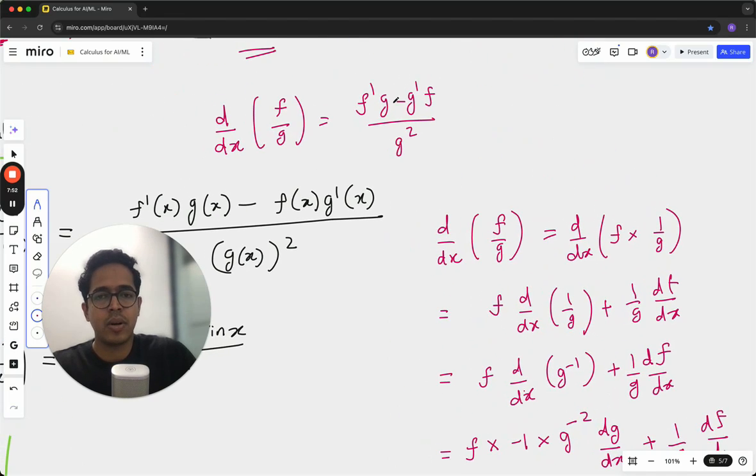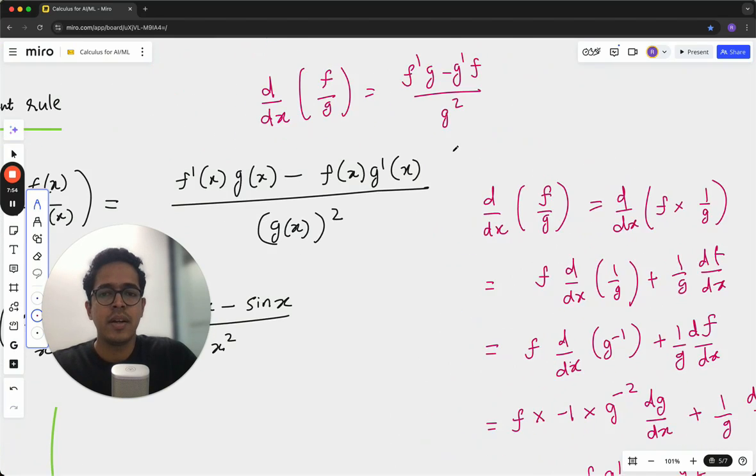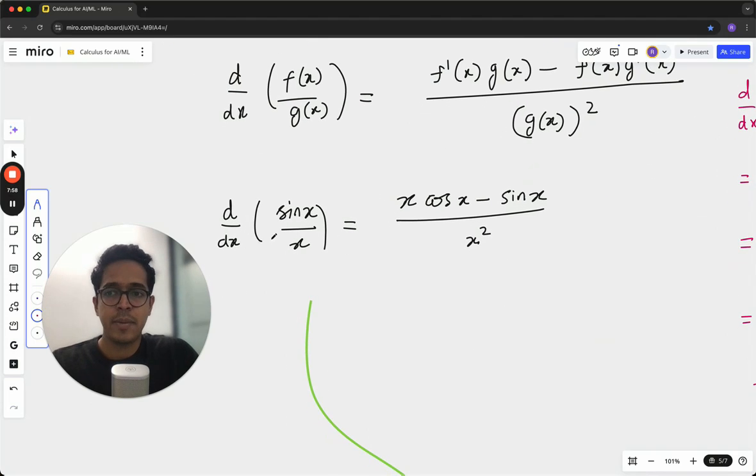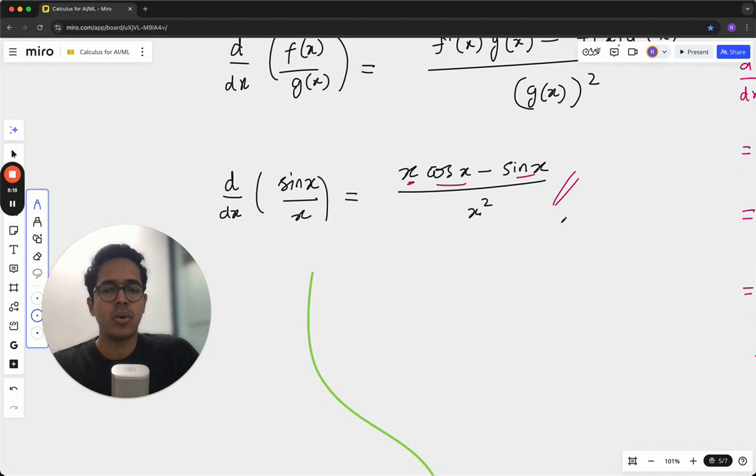It's exactly what I have written here, f prime g minus g prime f divided by g square. So that is the quotient rule. So if we are calculating d by dx of sin x by x, it's f prime, which is cos x, times g at the bottom, which is x itself. Then g prime is the derivative of x, which is 1, times f, which is sin x, divided by g square, which is x square. So this is the quotient rule.